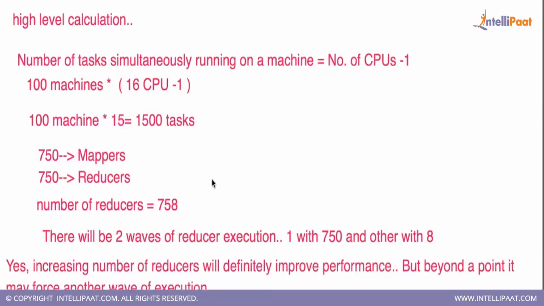Okay, so all these details actually, guys, are of no use to you because admin is never going to tell you how many CPUs are there, and this calculation assumes that there is no other job running in the system.